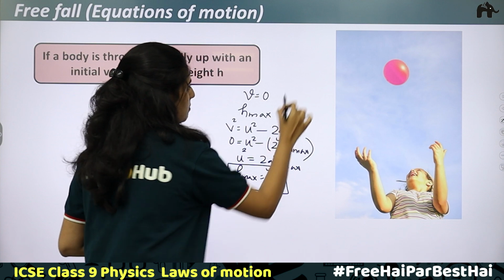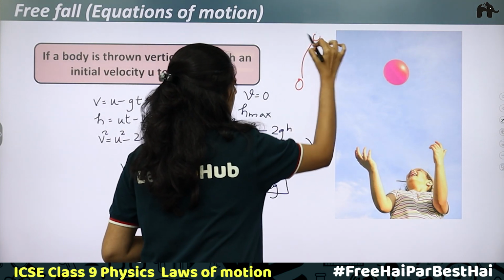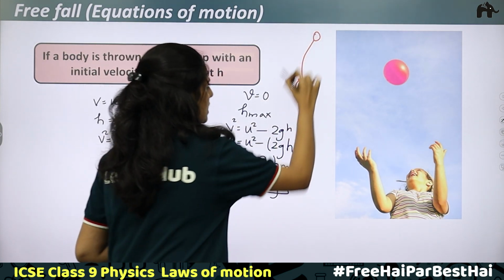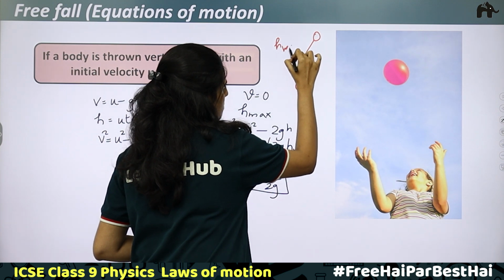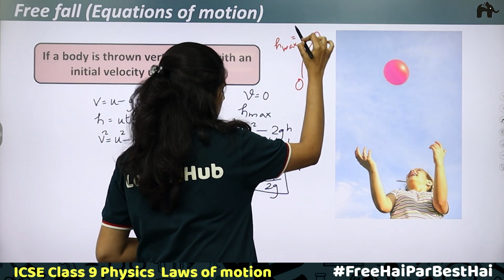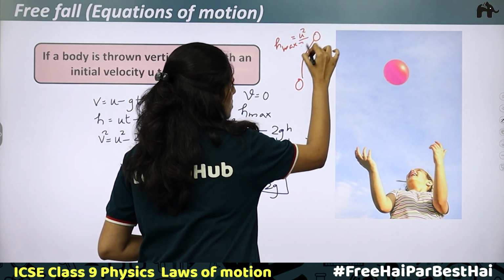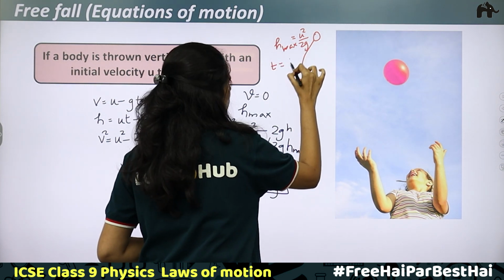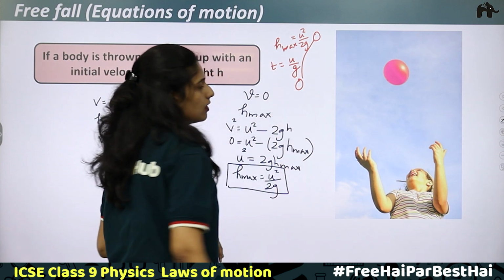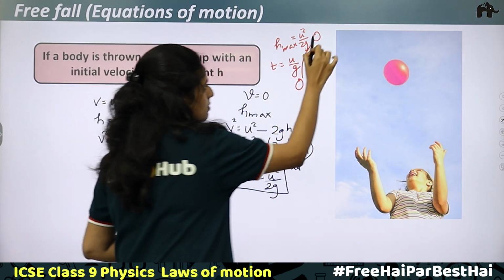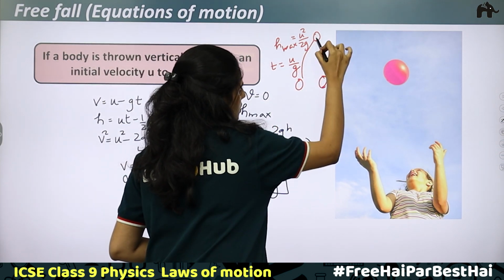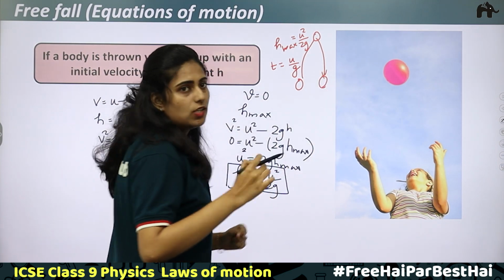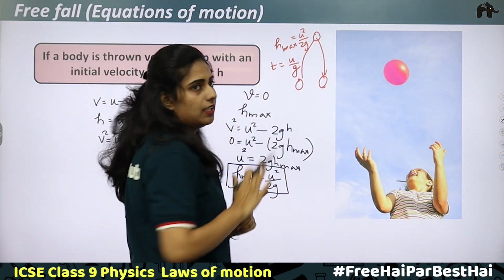So from here to here, the ball reaches the maximum height. H max is equal to u square by 2g, and the time taken for this t is equal to u by g.